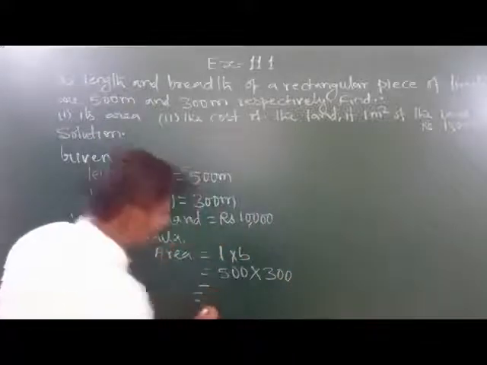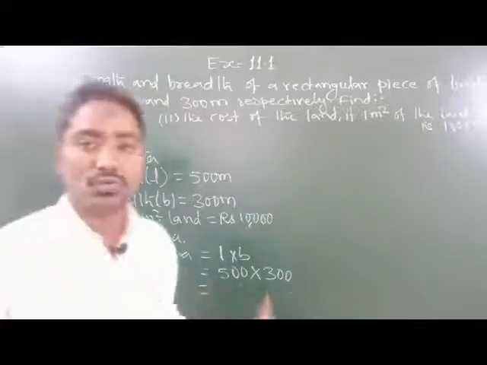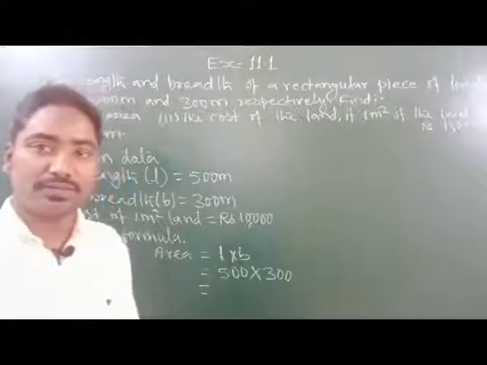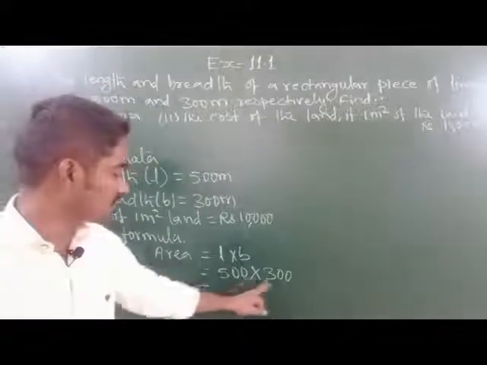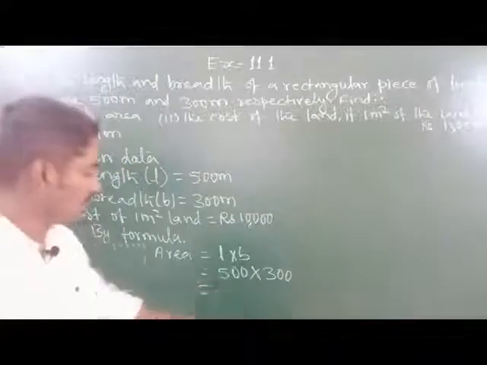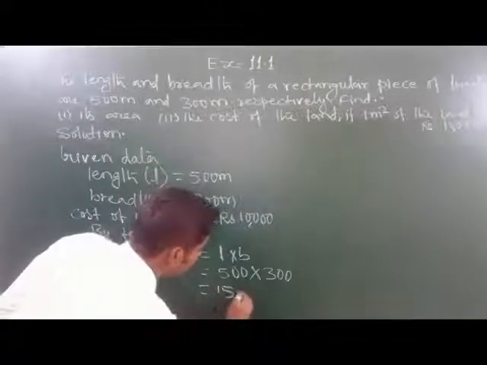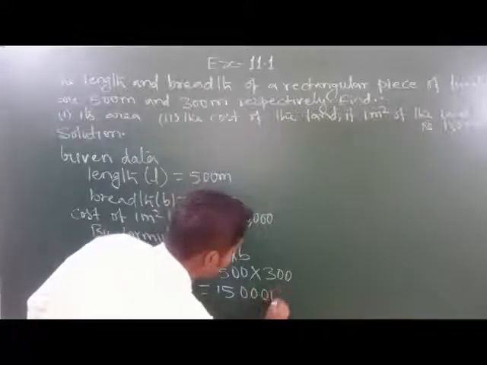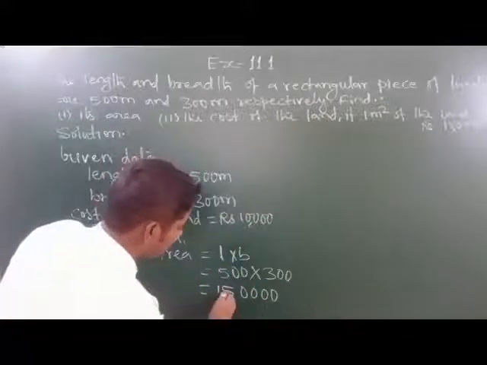Now we have 500 into 300, so this calculation will be done very easily. We will multiply the digits, and then followed by the number of zeros. So 5 3s are 15, followed by 4 zeros.